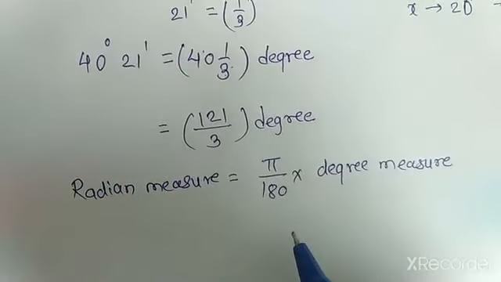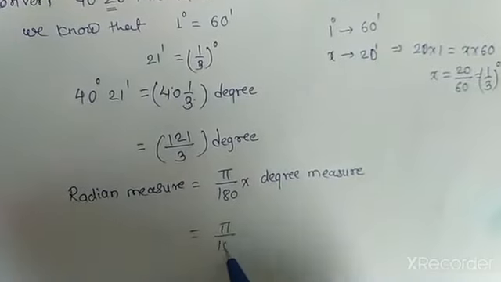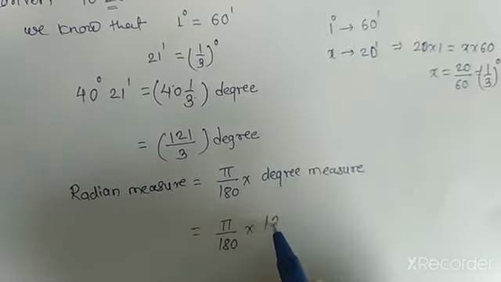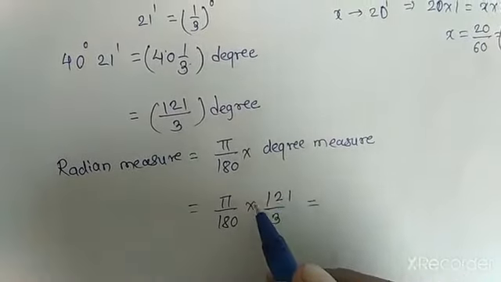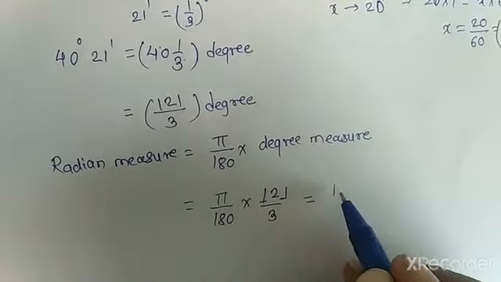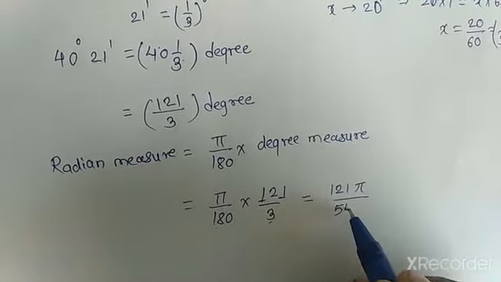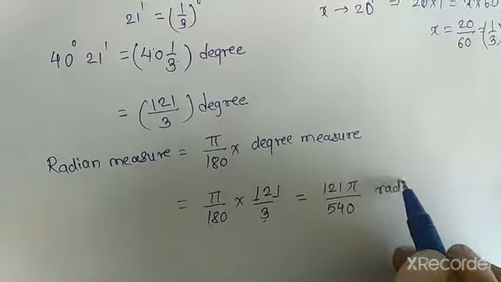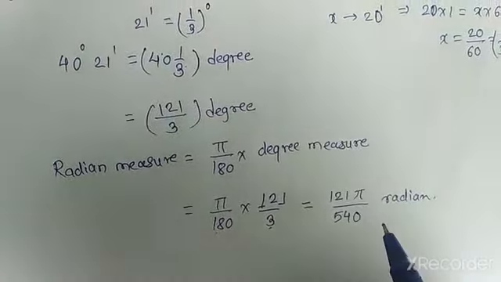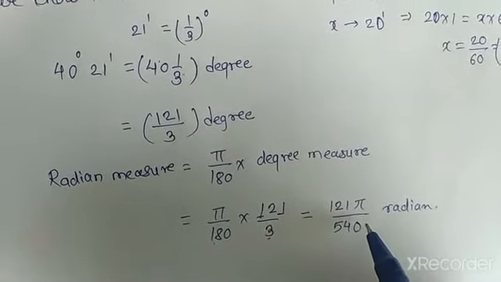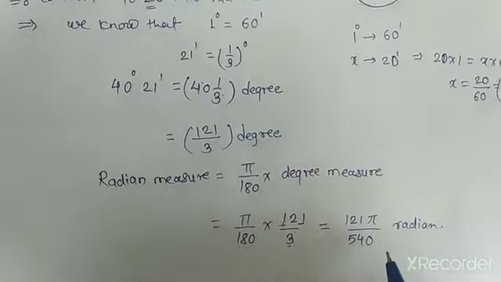So here it is pi upon 180 into 121 upon 3, which equals 121 pi divided by 3 into 180, which is 540 radian. If possible you may simplify this, or you may take it as a radian angle. This is an example of conversion of degree into radian.